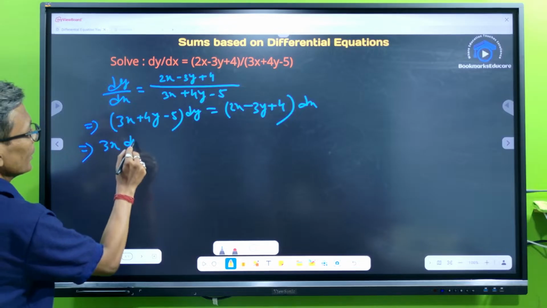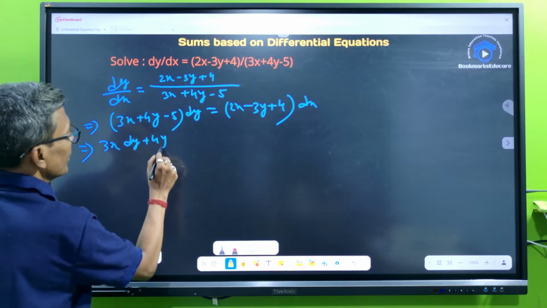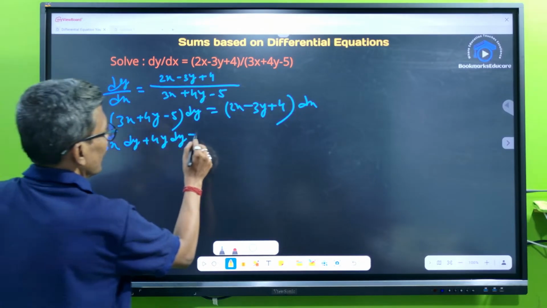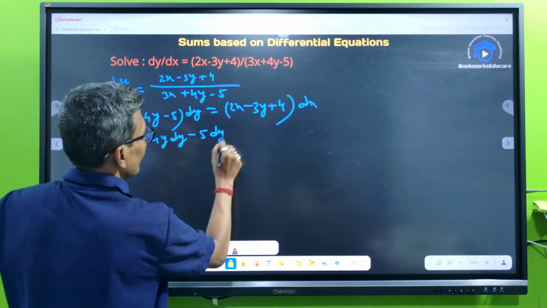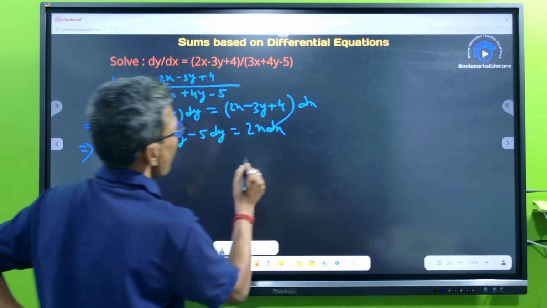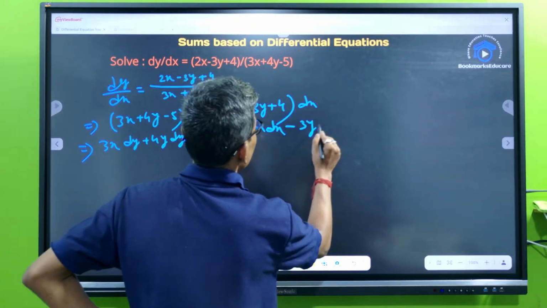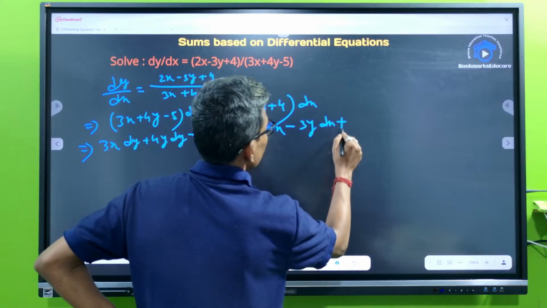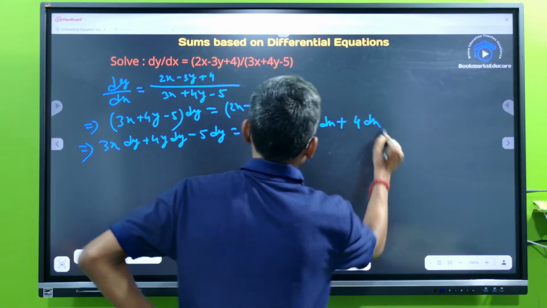3x into dy plus 4y into dy minus 5 dy is equal to 2x into dx minus 3y into dx plus 4 into dx.